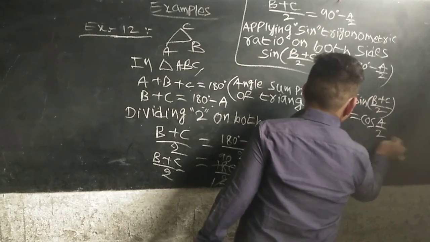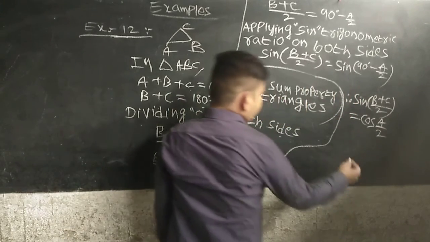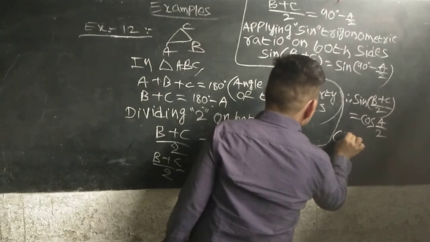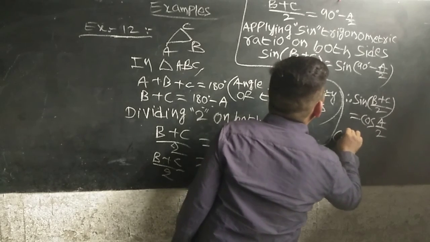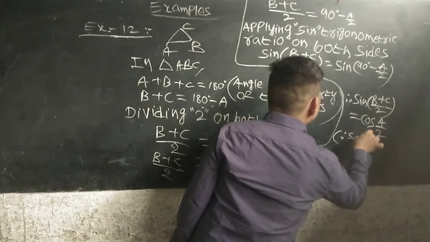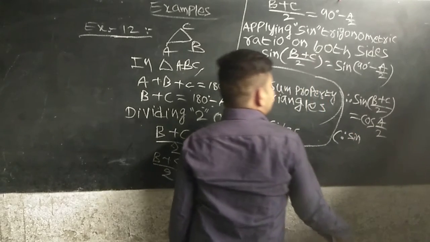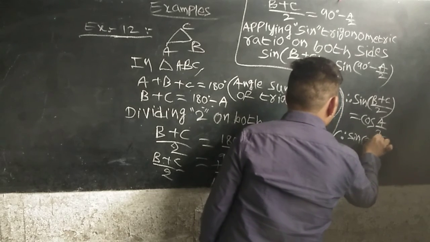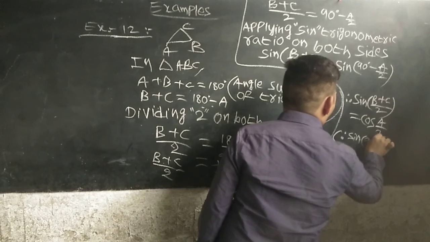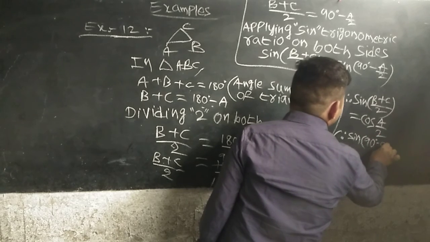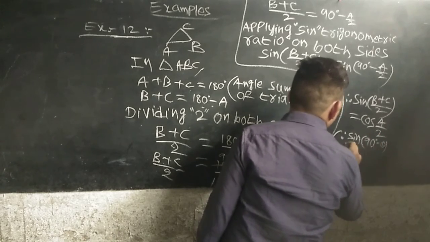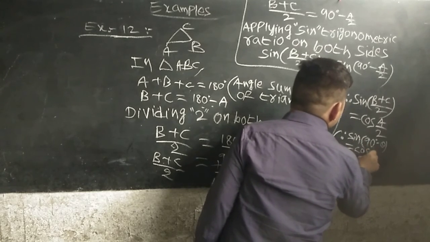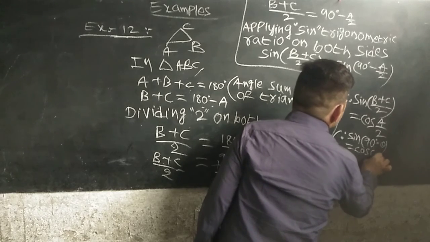Sine (90 degrees minus theta) equals cos theta. That is the formula we are applying in this problem.